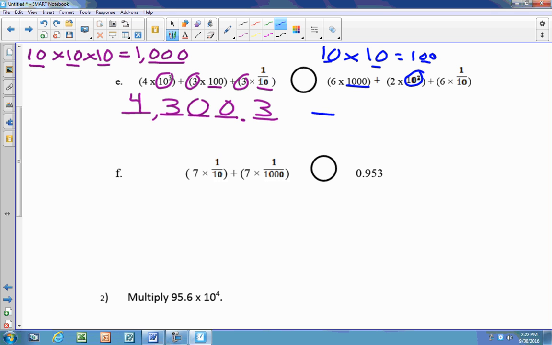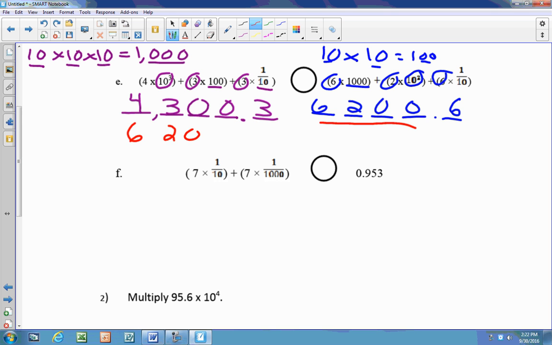So I have thousands, hundreds, tens, ones, tenths. So the 6 is in the thousands place, the 2 is in the hundreds place, and then the 6 is in the tenths place. I have to fill in my zeros just like I did before. Now I have to stack my two numbers. So I can take this number right here and just stack it right underneath since we already are lined up pretty well. And when I look at that, I notice that this side is larger.